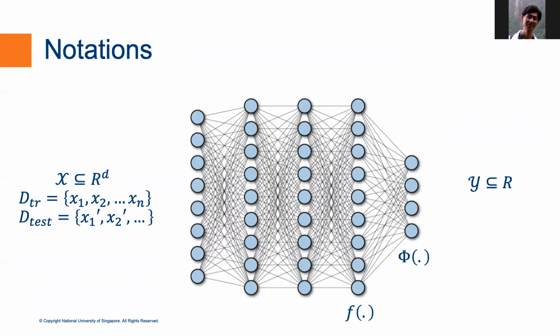So let me give some notation definitions first. We denote X as the input space and D_train as the training data. I use X prime to distinguish testing from training. And Y is the output space. F is the second last feature layer. Phi is the last feature layer before activation. So phi is before softmax. Okay, I see.